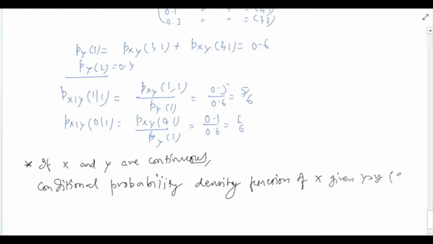Of course, it is defined only when the density of Y at small y is strictly positive.